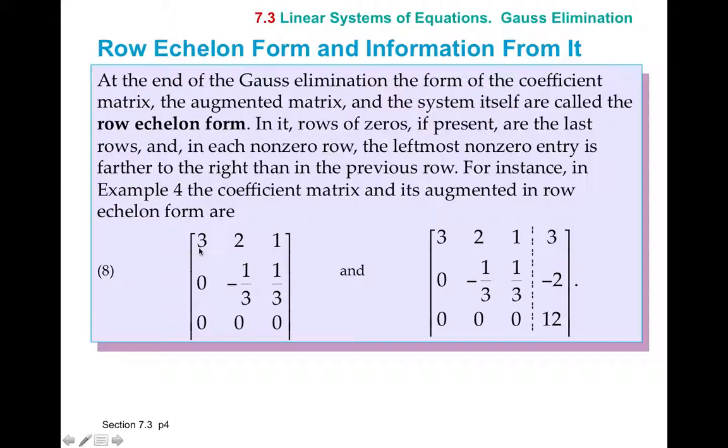You would have your non-zero coefficients forming an upper triangle and zero coefficients in the lower triangle, excluding the diagonal. In row echelon form, if you have rows of zeros, you'll always find them in the last rows. For every non-zero row, the leftmost non-zero entry is farther to the right than in the previous row. That's just a fancy way of saying it forms an upper triangular matrix. In this example, the coefficient matrix and its augmented form are shown in row echelon form.